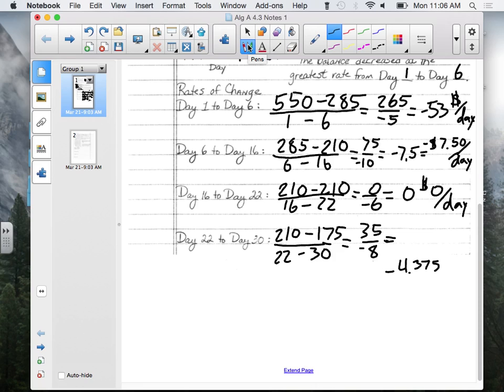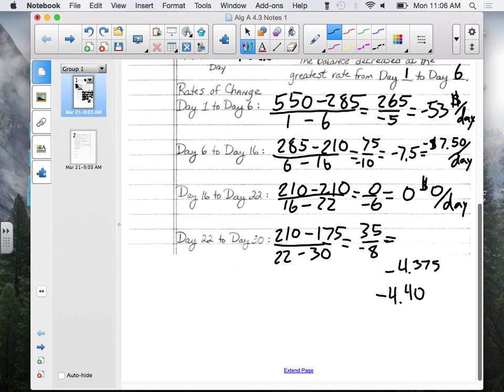But we're dealing with dollars, right? Do we have hundreds or thousands of dollars? No. Well, can we have hundreds of dollars? It would be negative 4.4, or negative $4.40.